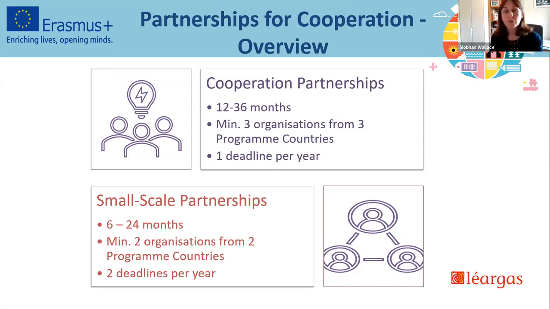So you don't even need to look for 3 or 4 partners. You can participate with 2. Might be better to have 3 just in case, but you are eligible to participate with just 2 partners from 2 different program countries. And they're introducing an additional deadline per year, so you don't have to wait a year then to apply for that type of project, because there'll be 2 deadlines a year. We don't know the dates of the deadlines yet because we're still waiting on those to be confirmed.